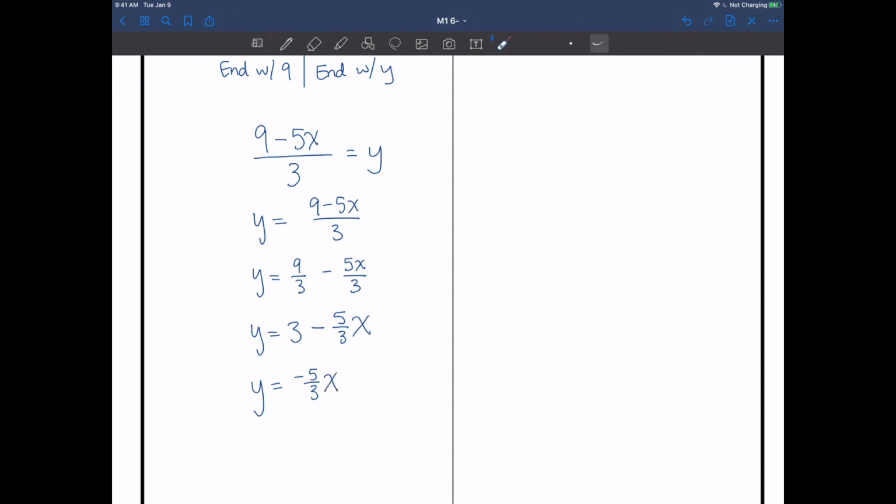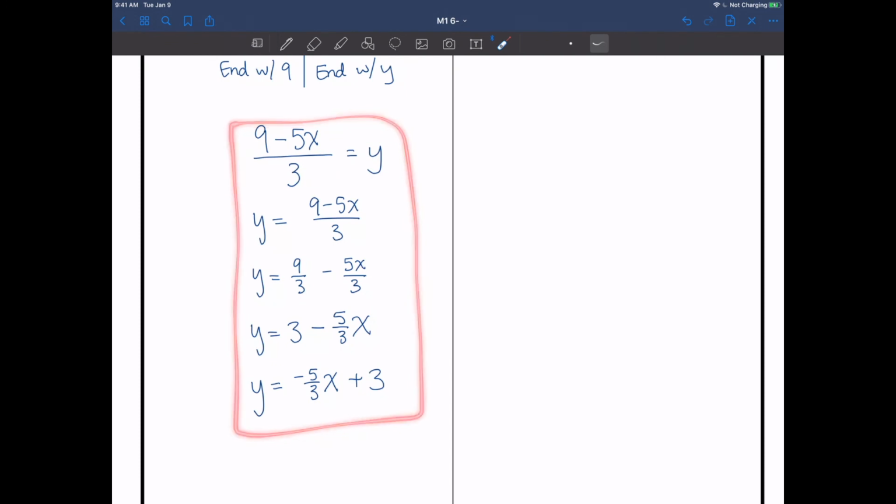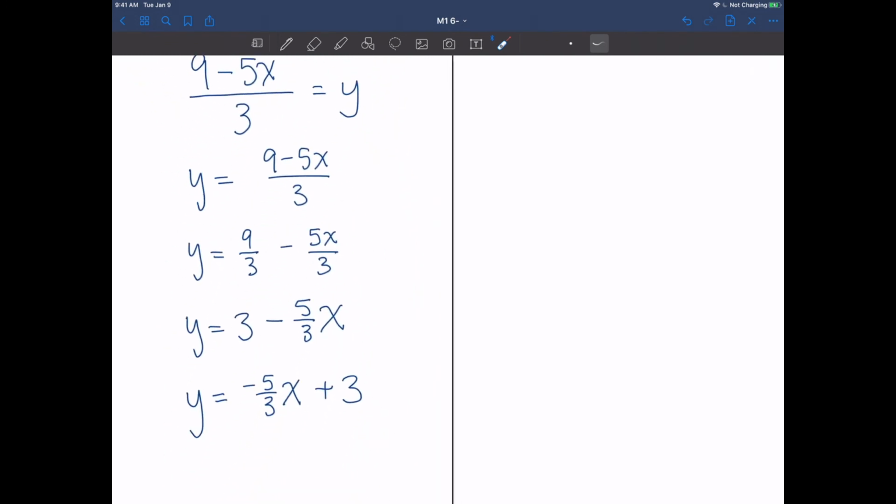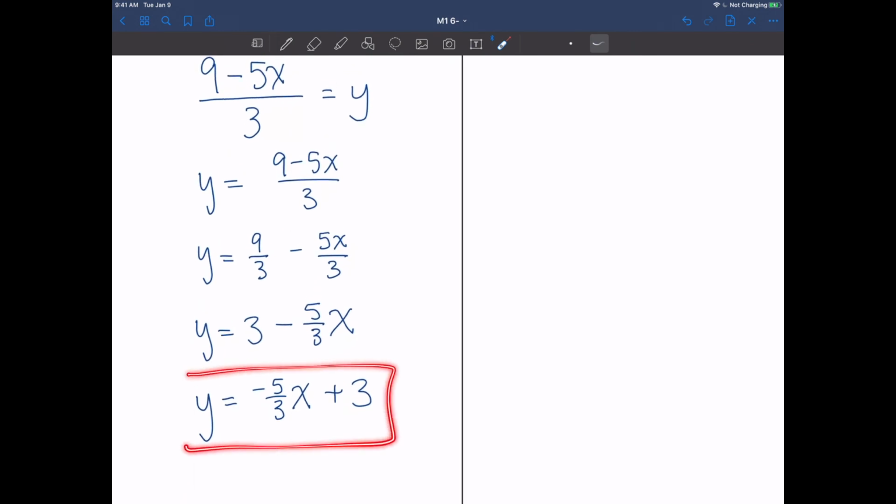And then this is a positive 3, so I'm going to say plus 3. So now this looks like what we're used to seeing, y equals mx plus b. So all of these are equivalent. This is what we got from our graphic organizer. But since we're being asked to put things in slope-intercept form, that should be our final answer.